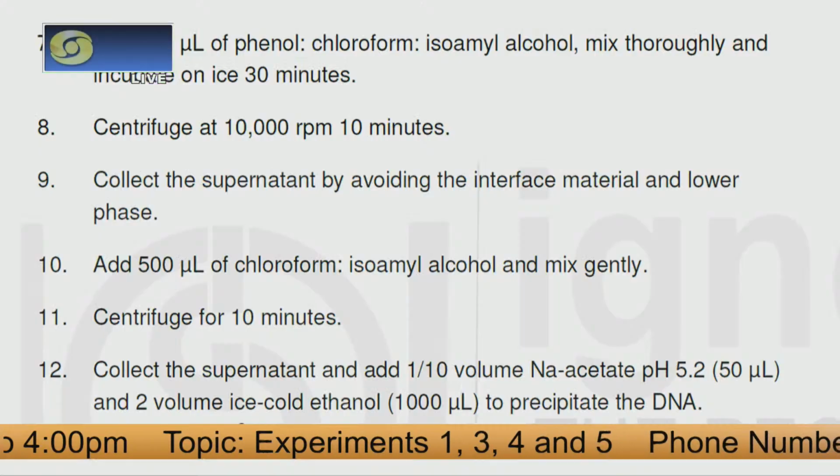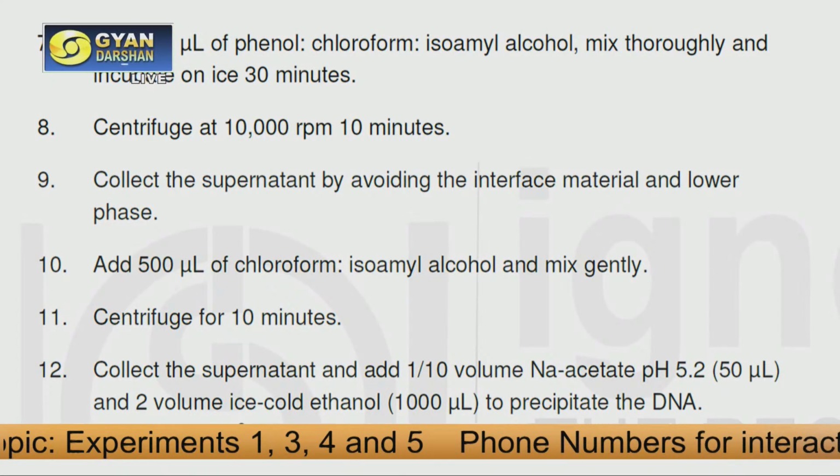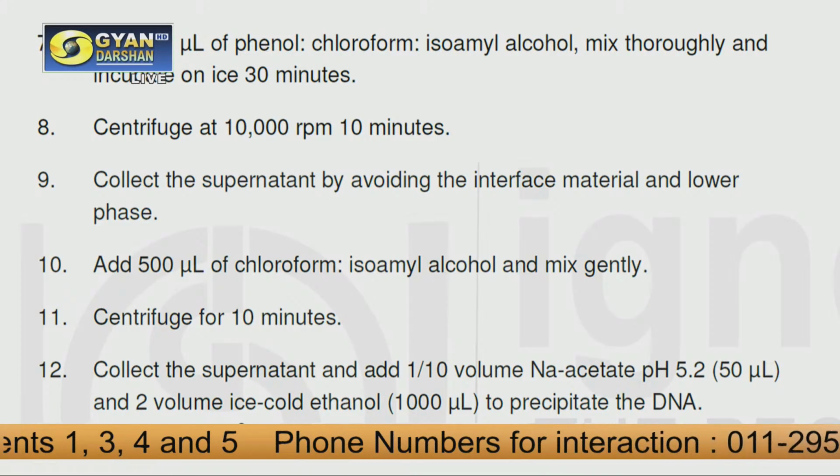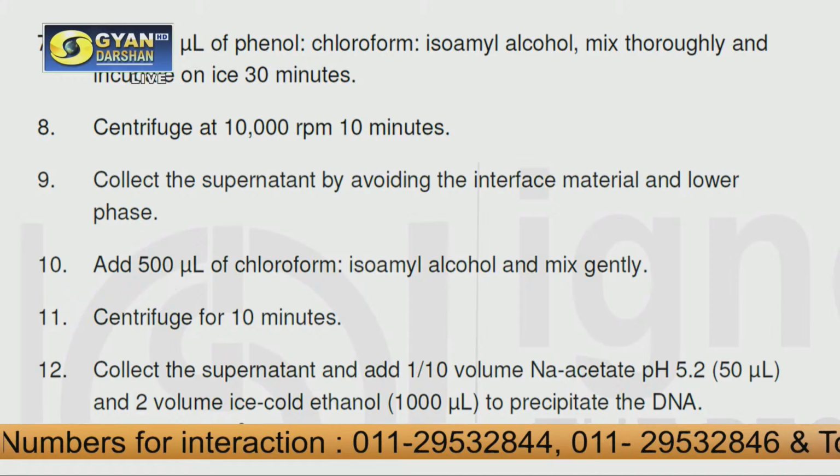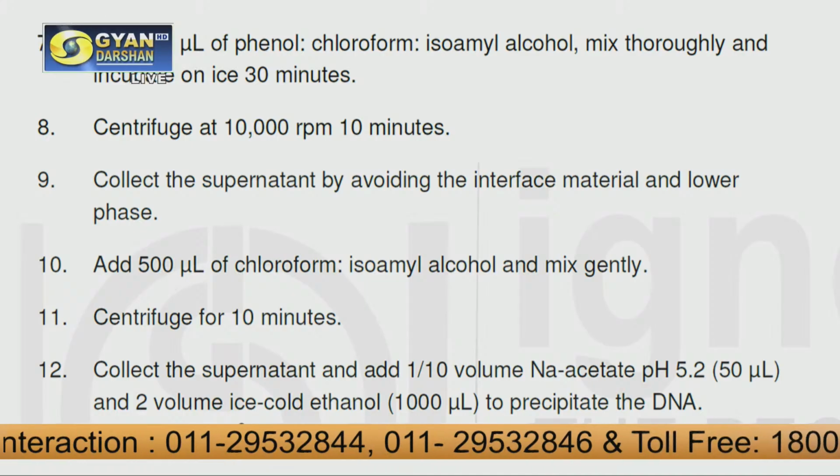So if you use very high speed, the chances are that the DNA might get degraded. The speed should never exceed 10,000 revolutions per minute. If possible, you can keep it a bit lower, like 8,000 revolutions per minute. The centrifugation is done for 10 minutes.